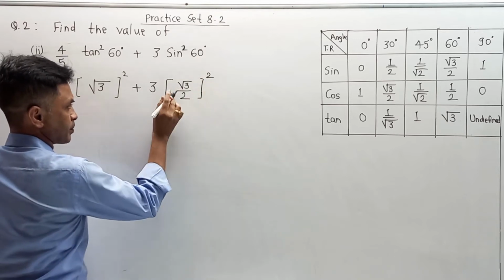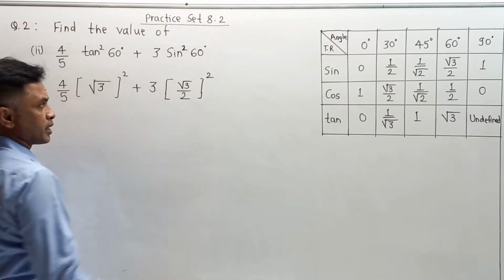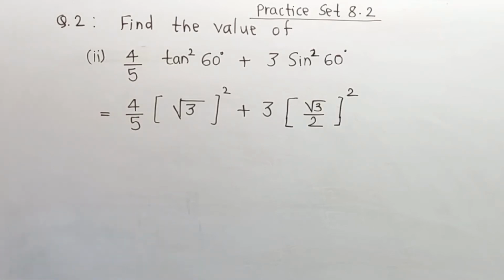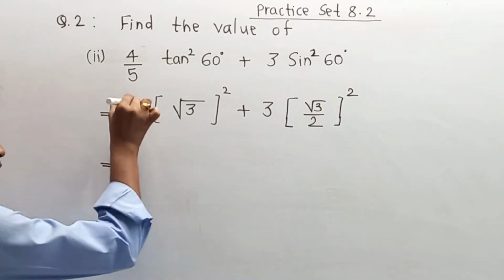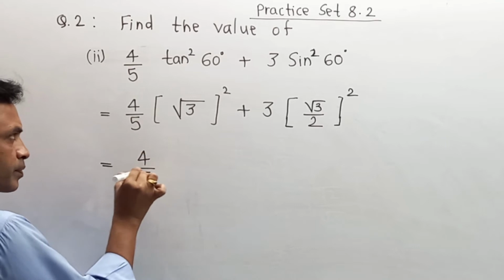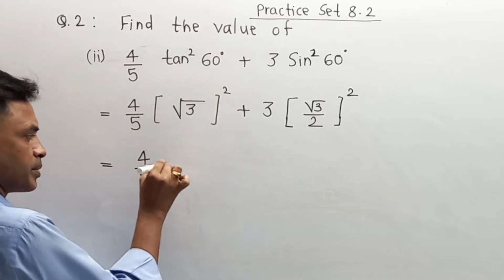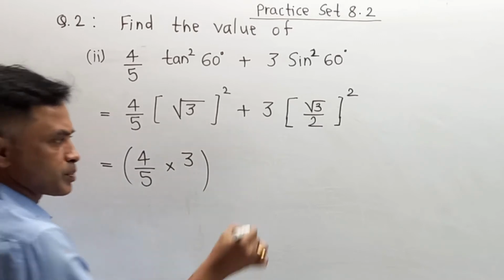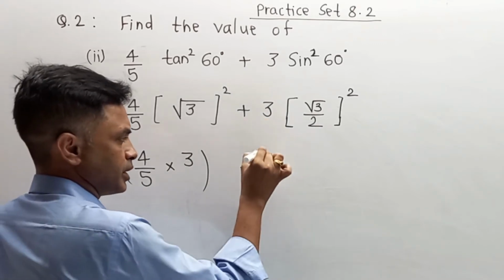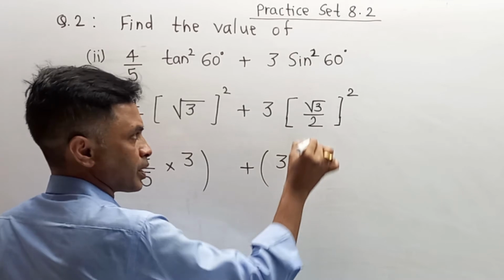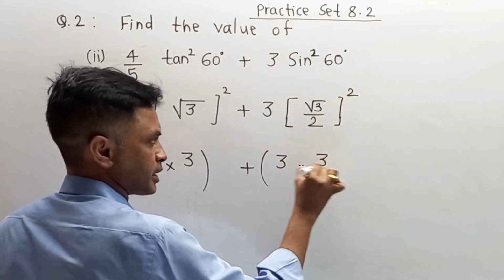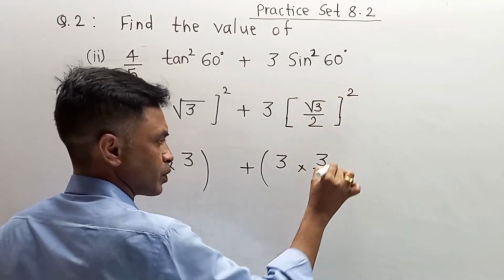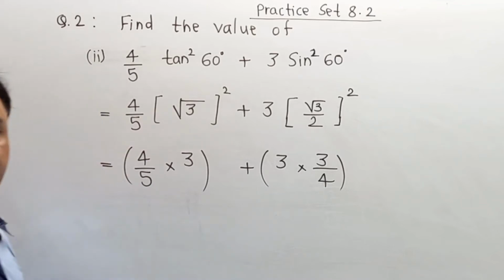Now for simplification, the first part is 4 upon 5. Root 3 square becomes simply 3. This is our first bracket, plus 3 into root 3 square, which is simply 3, and 2 square is 4. So it becomes 3 upon 4.